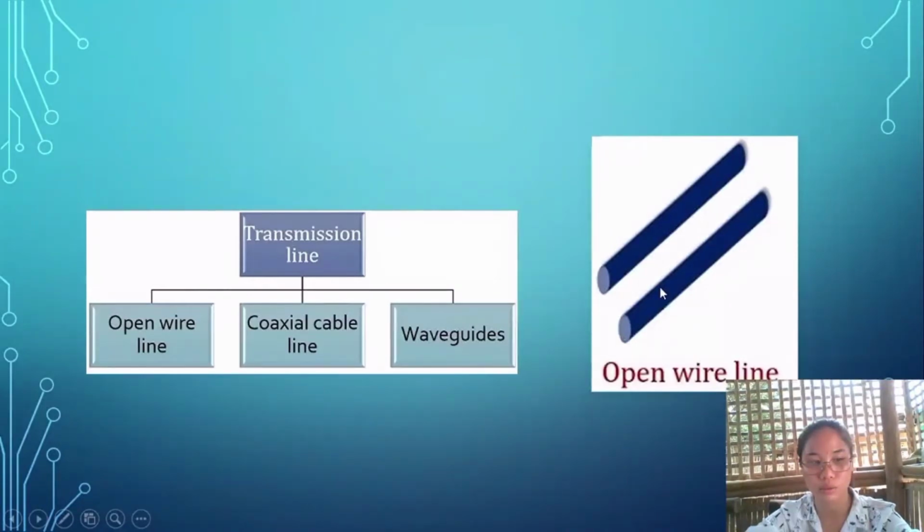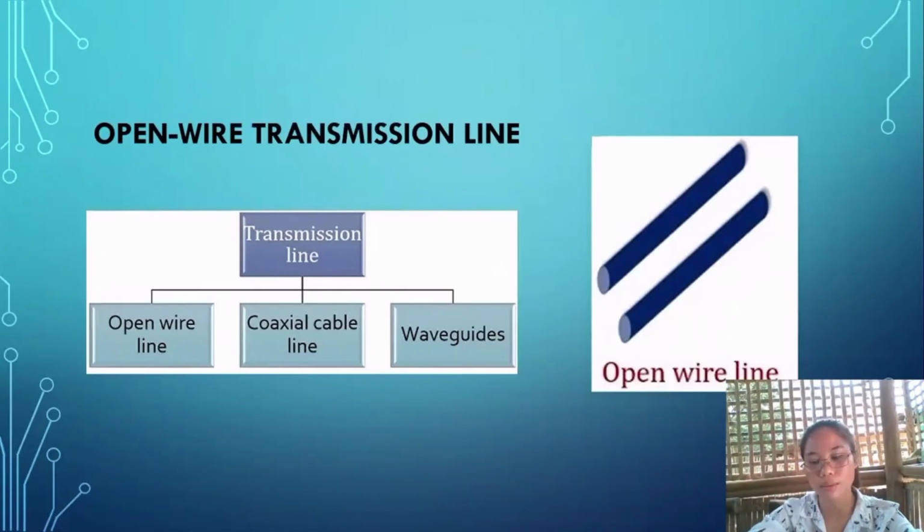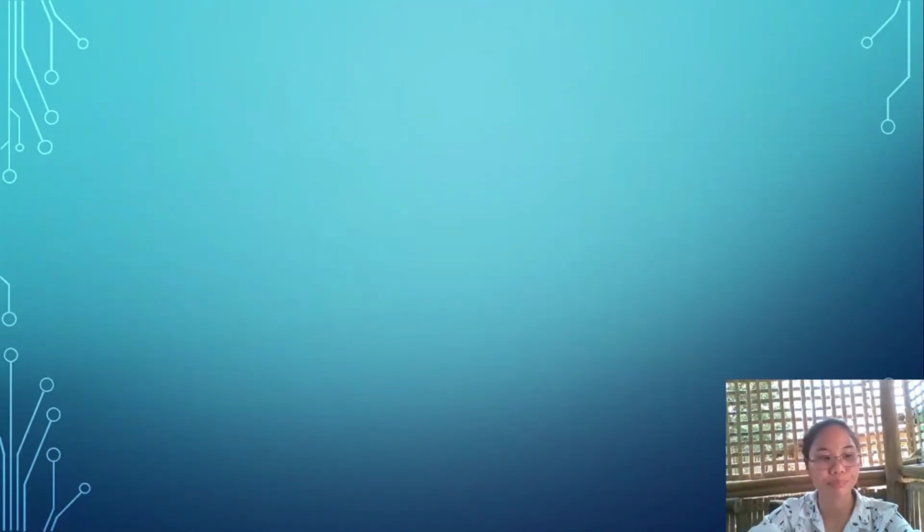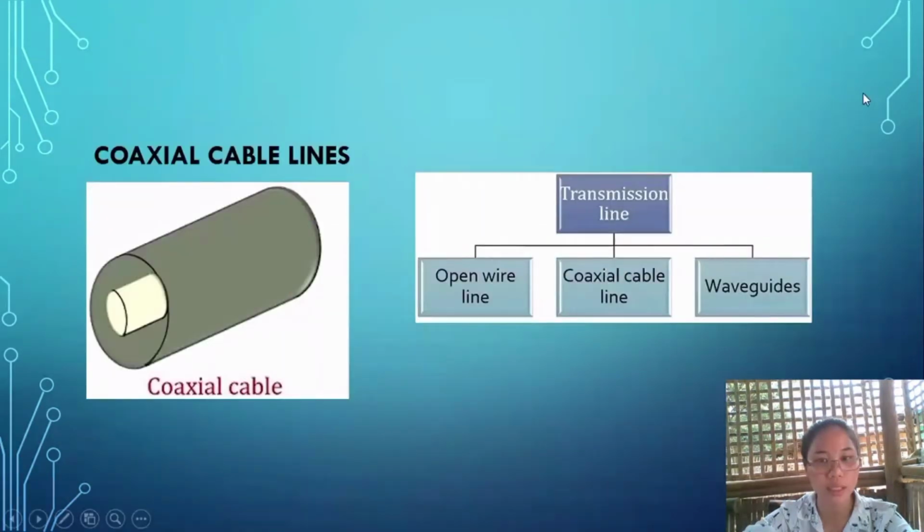Next we are going to discuss the coaxial cable lines. These lines are formed when a conducting wire is coaxially inserted inside another hollow conductor. They are termed coaxial as the two conductors share the same axis.